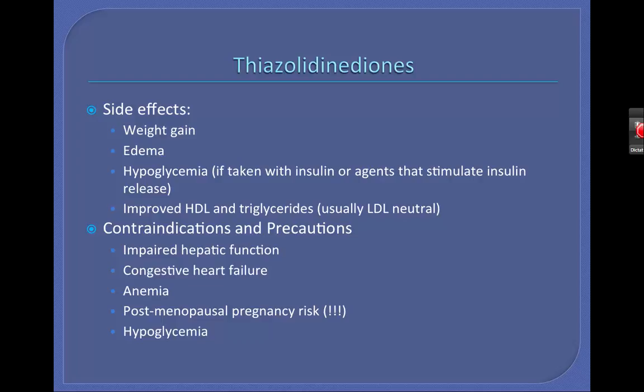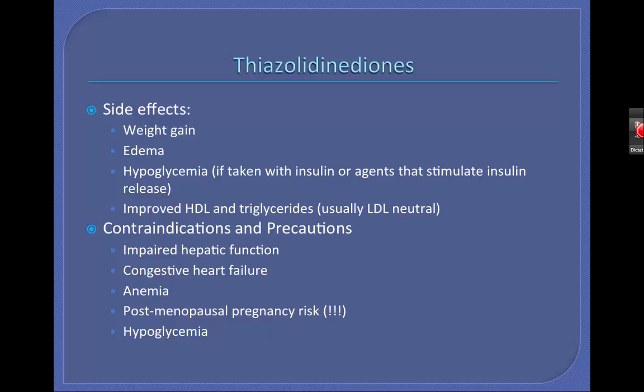The contraindications and precautions: impaired hepatic function, congestive heart failure, anemia. These can cause pregnancy, especially in women who are postmenopausal who do not think they can get pregnant. They can also cause hypoglycemia.